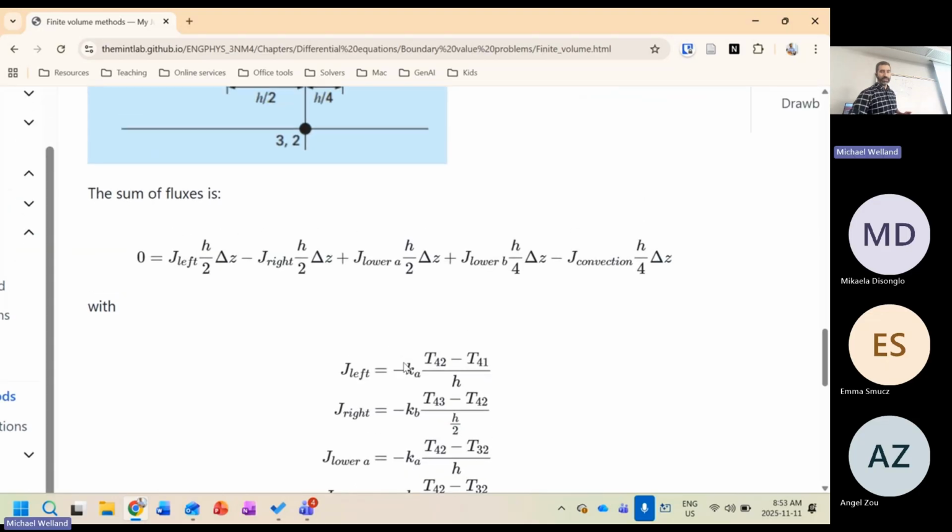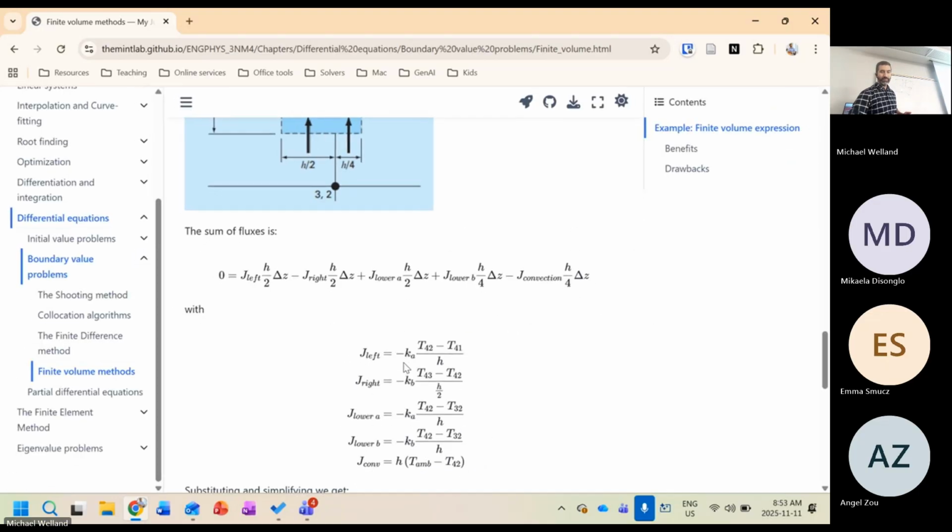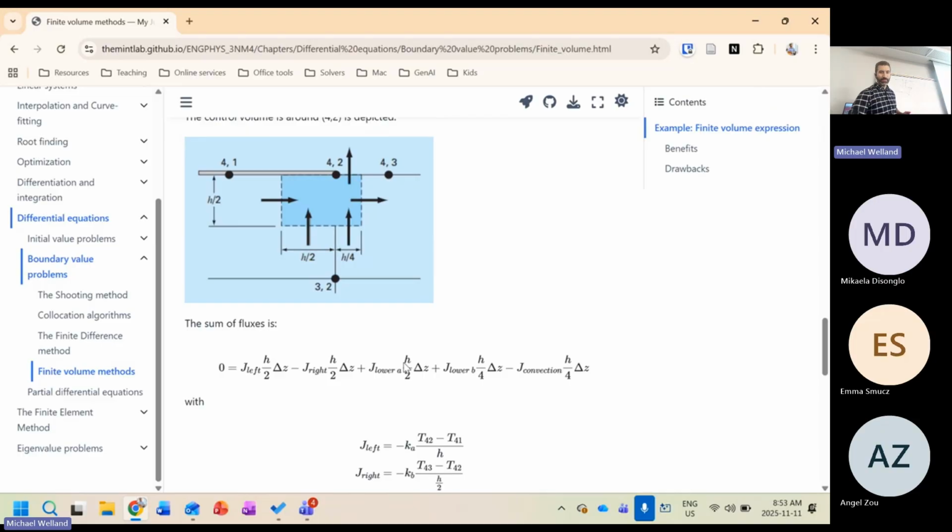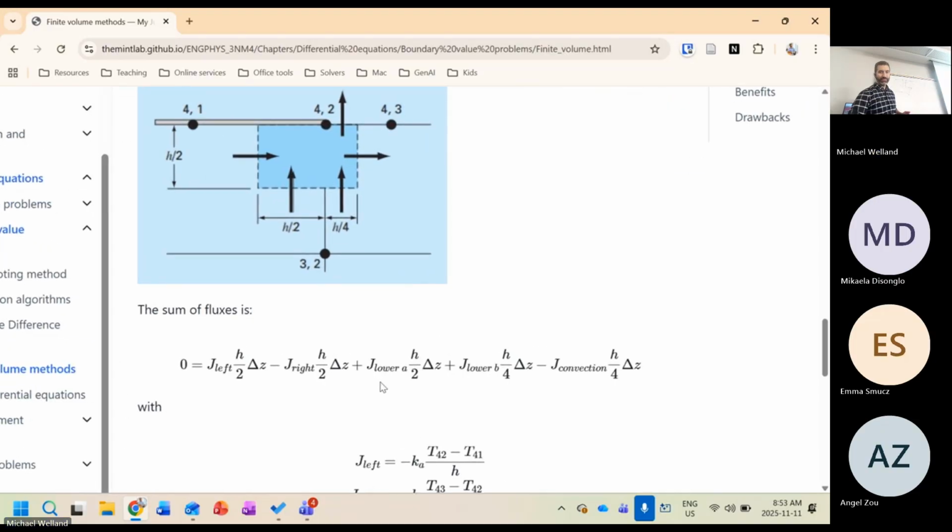Now comes the magic. I'm trying to get this all on one plot here. Okay. The heat flux over here, what we're going to say is it's approximately whatever the temperature difference is between these guys over the space, which is H, times our thermal conductivity, Ka, right?